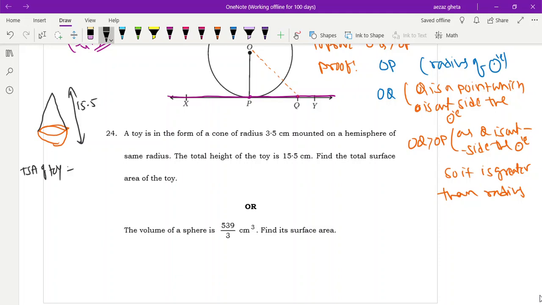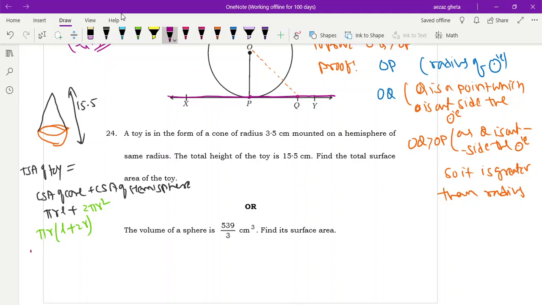TSA of toy will be CSA of cone plus CSA of hemisphere. CSA of cone formula is pi r l, CSA of hemisphere formula is 2 pi r square. Taking pi r common, it is pi r times (l plus 2r).